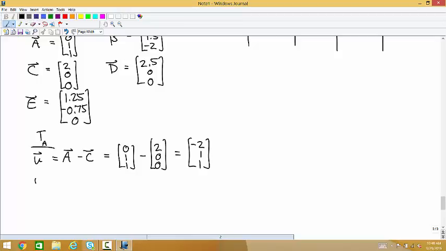If you take a unit vector in that direction, you get negative 0.816, and then positive 0.408, positive 0.408.